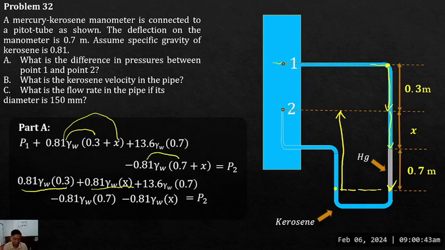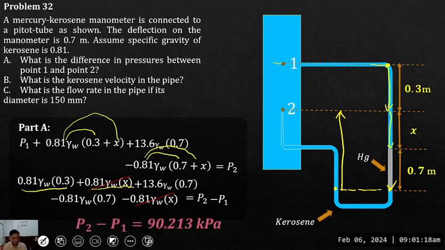Minus, so distribute: negative 0.81 gamma water times 0.7, and then negative 0.81 gamma water times X, equals P2. Tapos, si P1 natin, transpose sa kabila. Okay, so of course, magka-cancel dyan si positive 0.81 gamma water X at saka si negative 0.81 gamma water X. So, we can solve now for the pressure difference. Answer is 90.213 kilopascals.